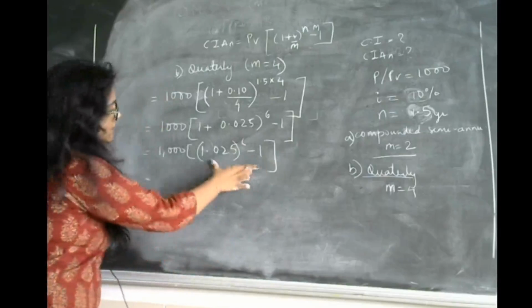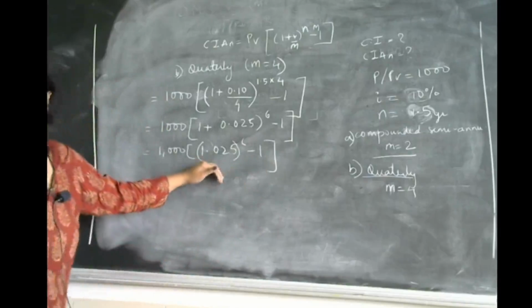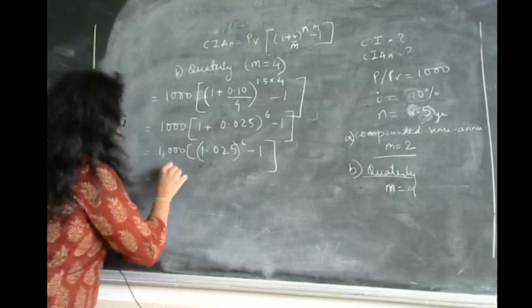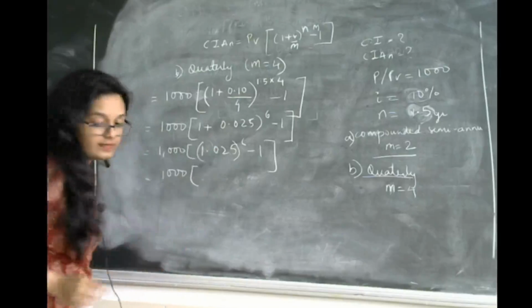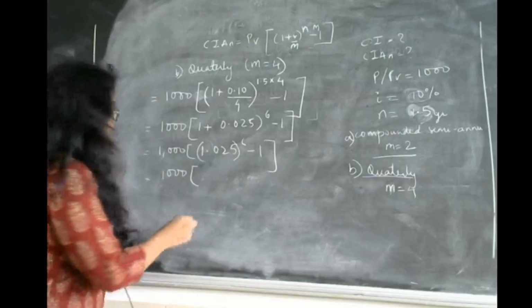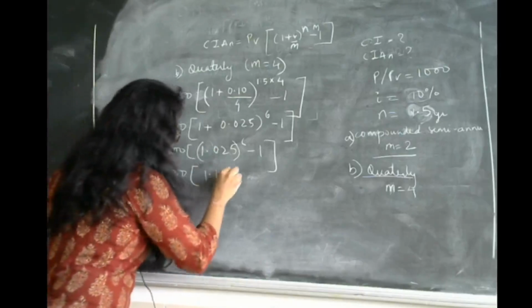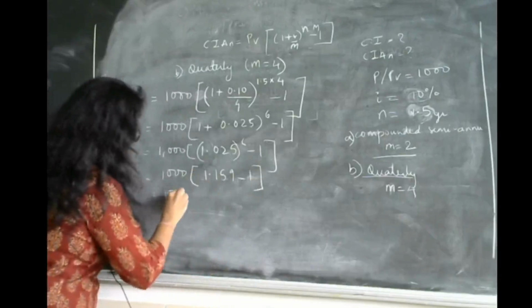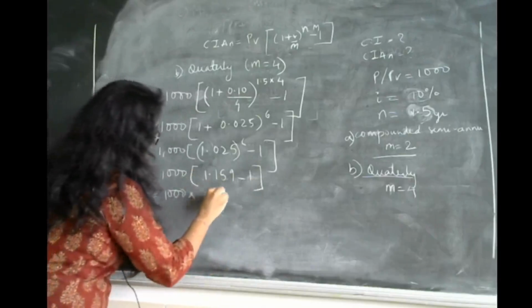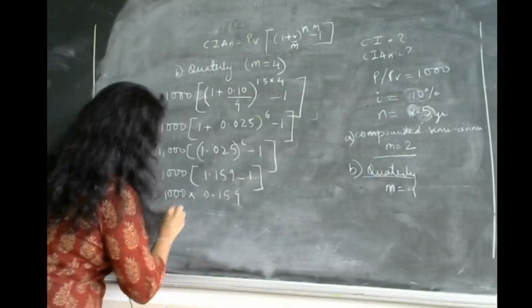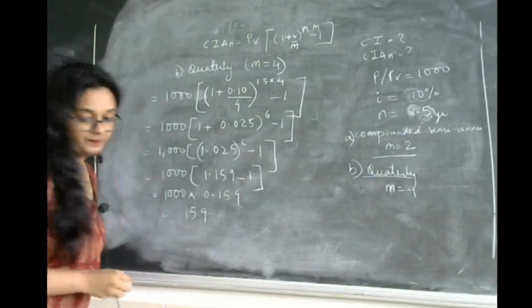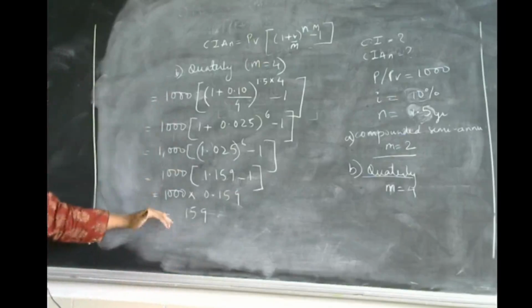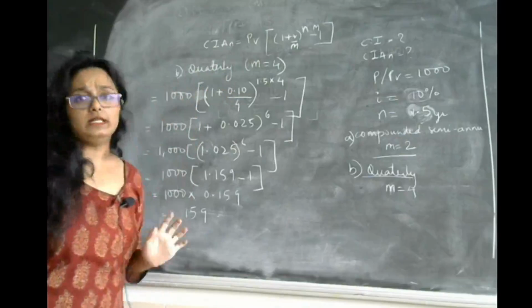Now you need to solve this equation. You will get 1.159 minus 1. Once you subtract this, you will get 1000 multiplied by 0.159, which is nothing but 159. So this is going to be your compound interest amount if you are compounding it quarterly.